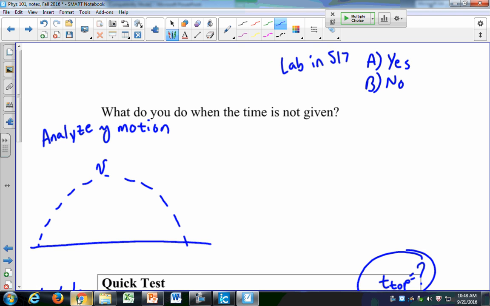One, we can say v at the top is equal to 0, and then you can say vy equals v naught y plus ay t. We've done that a couple different times on various problems.